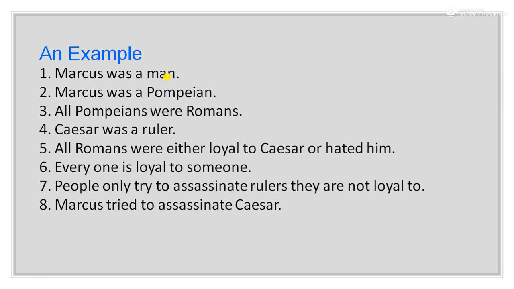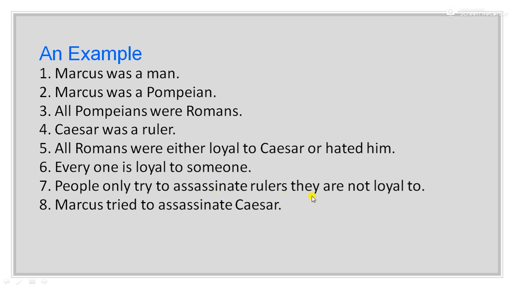All Romans were either loyal to Caesar or hated him. Everyone is loyal to someone. People only try to assassinate rulers they are not loyal to. Marcus tried to assassinate Caesar. Now what we are doing is representing all these statements by using predicate logic.